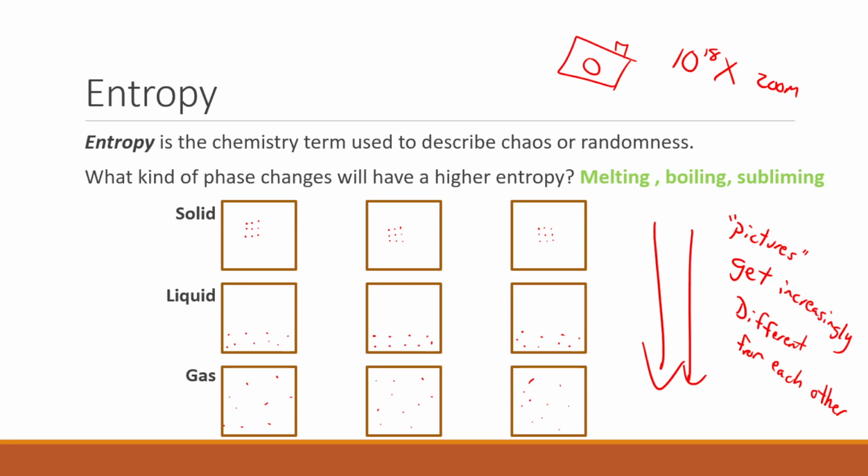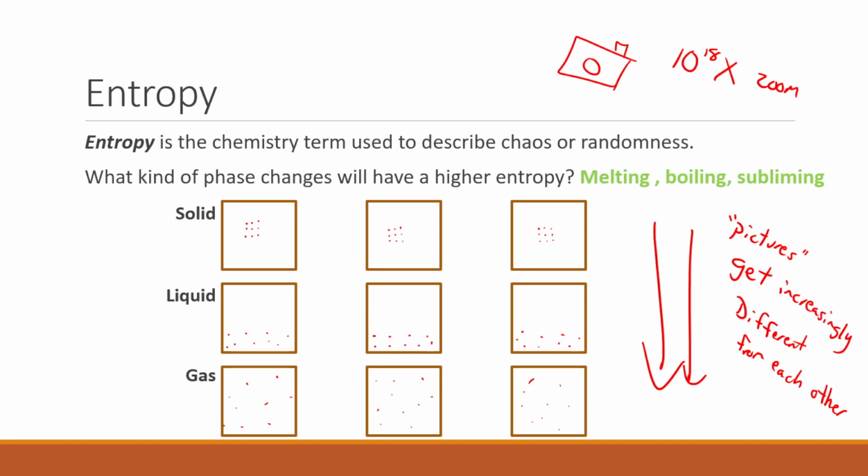Can you predict what the particles of the gas will look like if you take a picture? Absolutely not. Because those gas particles are moving so quickly and can fill up their whole container, you have infinitely more possible pictures that you can get of a gas.